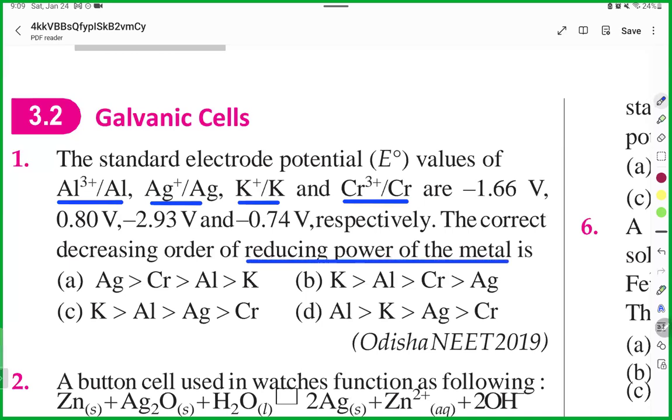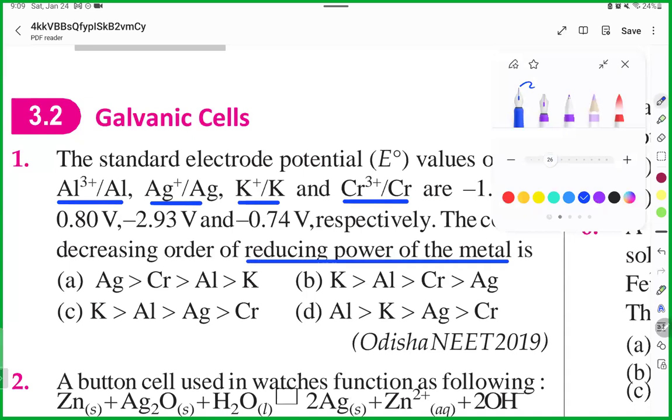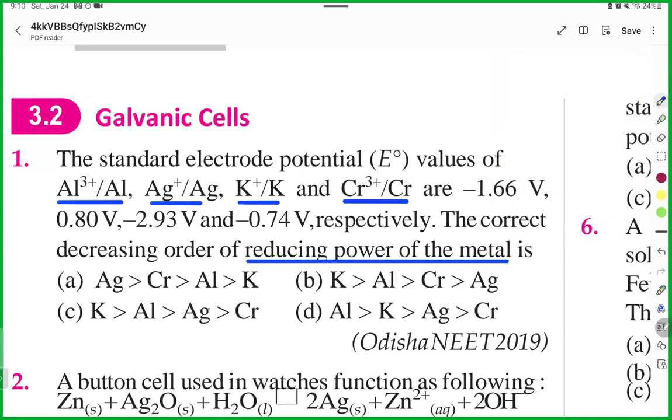Chandana, what is your answer? Sir, is it option B?